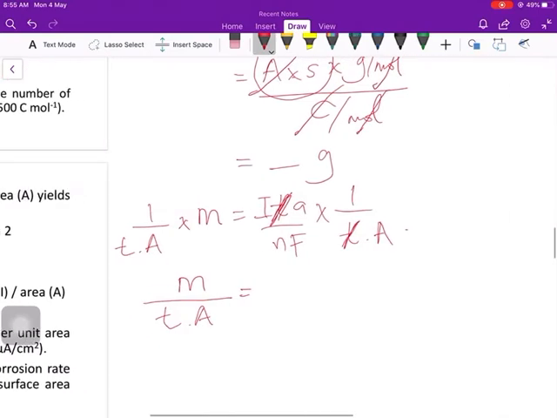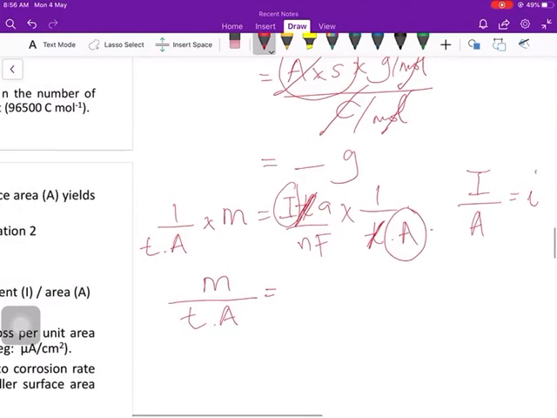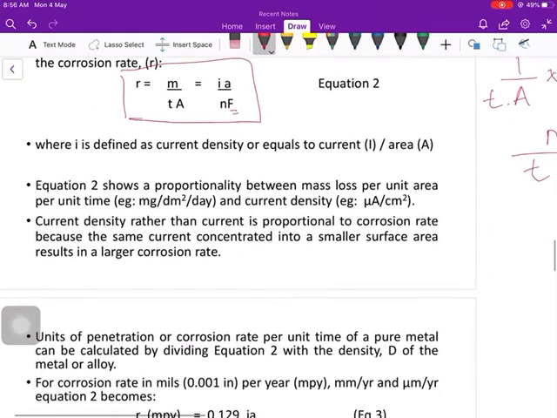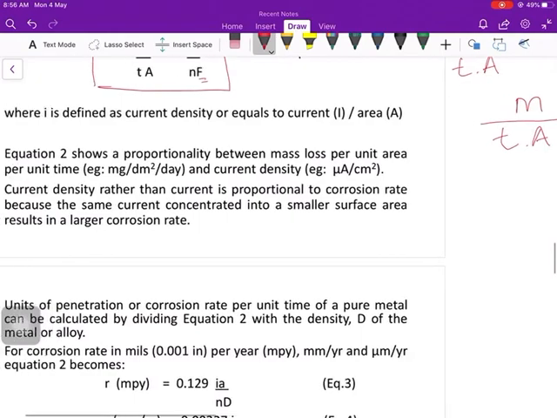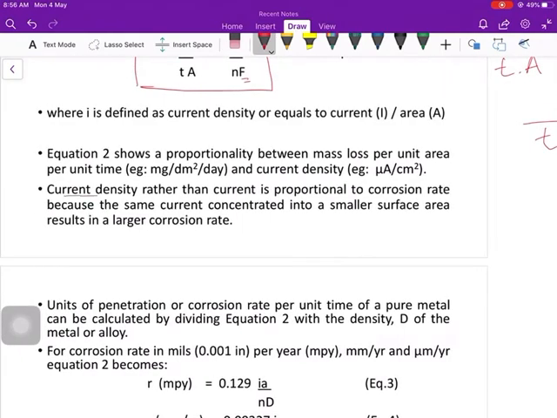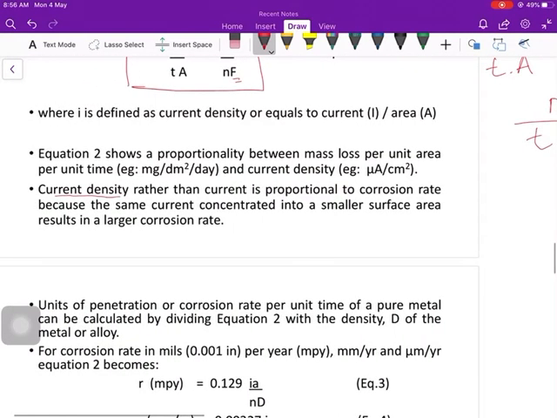Here you can cancel off the time, and I over A equals current density. So now it is current density times atomic mass divided by number of electrons and F. So this is the new expression you can use to show the rate of corrosion. This is the second equation. Okay. Next one.